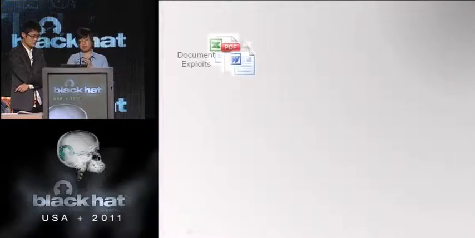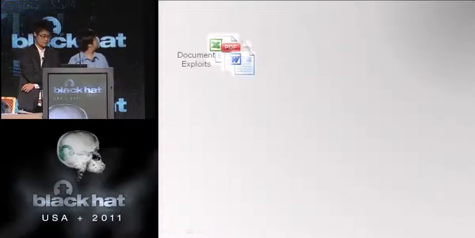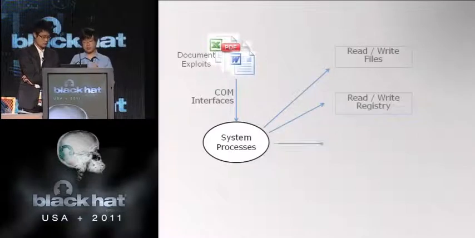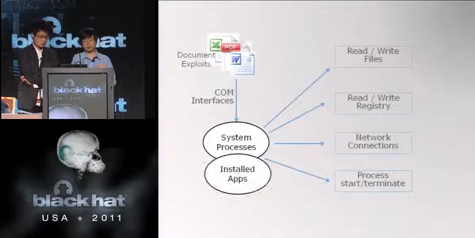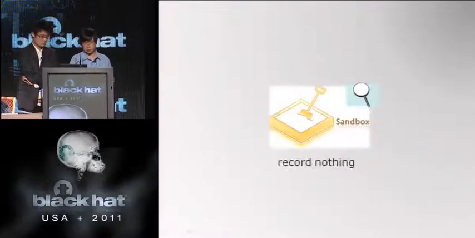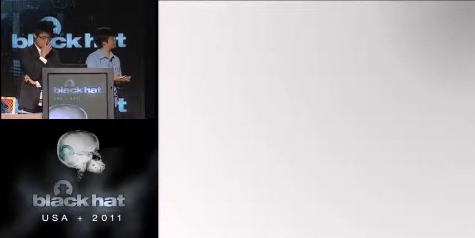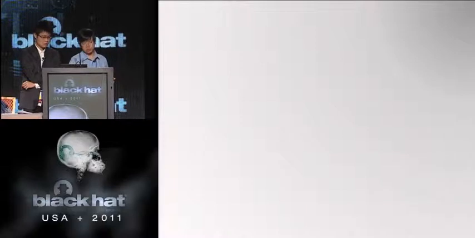By leveraging these technologies, a system process could do everything for us, including connecting to the internet, accessing files and registry, and even installing an MSI file. Actually, not only system processes, some general installed applications could do the same things as well. For example, Word and Excel provide COM interfaces, so they can do things for malware.